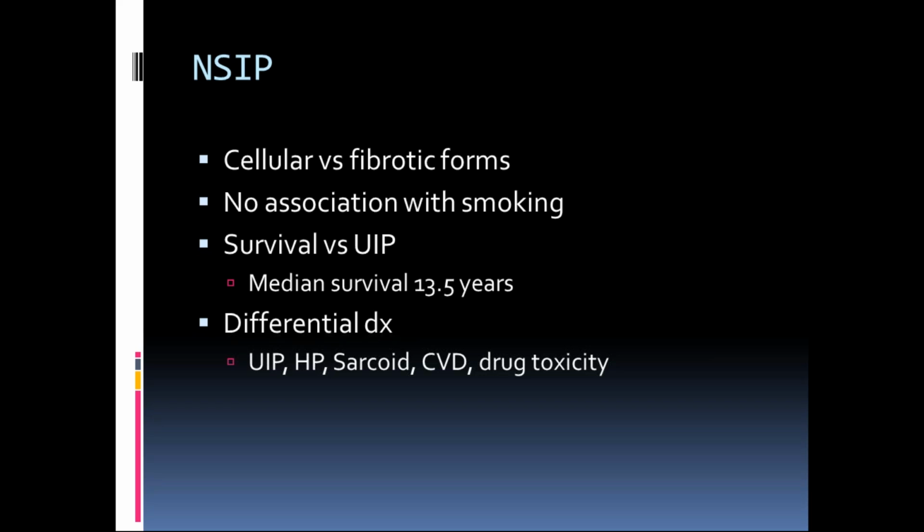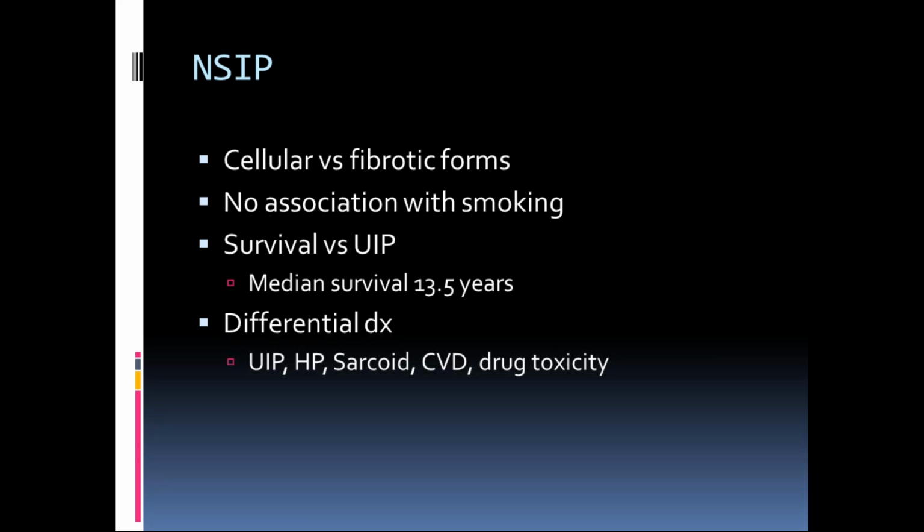The differential diagnosis is very similar as well, so sometimes that doesn't help as much. In the differential diagnosis of NSIP you have UIP, the hypersensitivity pneumonitis, which we already saw, sarcoid, the collagen vascular disease, and the drug toxicity.